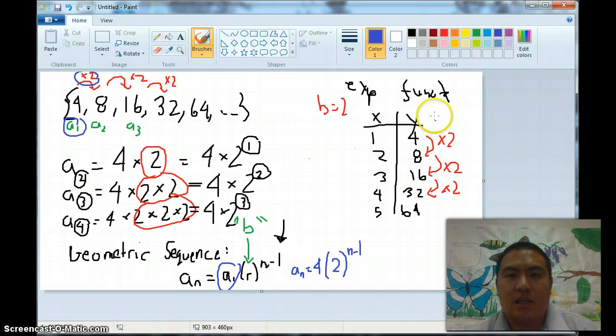Okay? And similarly, exponential functions are pretty much the same thing. The only difference is this would be something like, I'll do this one in purple. y is equal to 2 times 2 to the power of n.